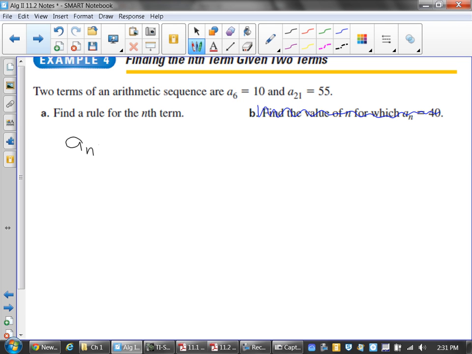Here's what I would do when I have two sets of information. I'm going to write it out twice. Now, when I'm working with the sixth term, what's my value of n? So my sixth term is 10. So n is equal to 6.